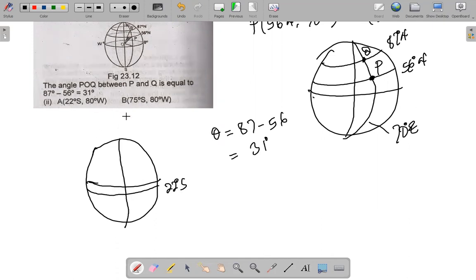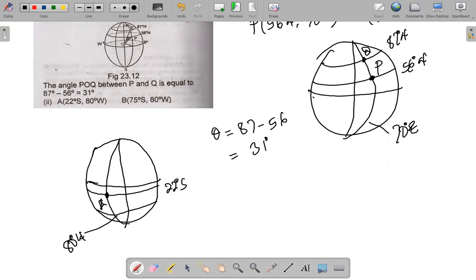But on longitude 80 degrees west. Let's assume this is 80 degrees west. Where the latitude and the longitude meet is point A. Then point B on the other hand is on 75 degrees south.